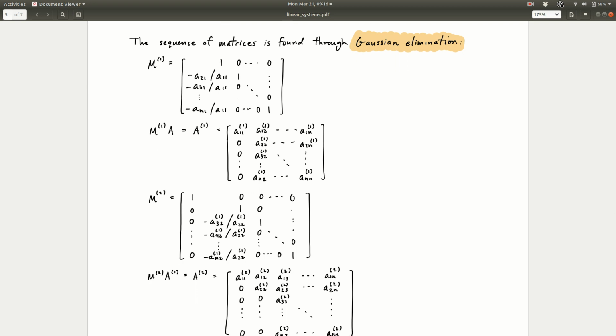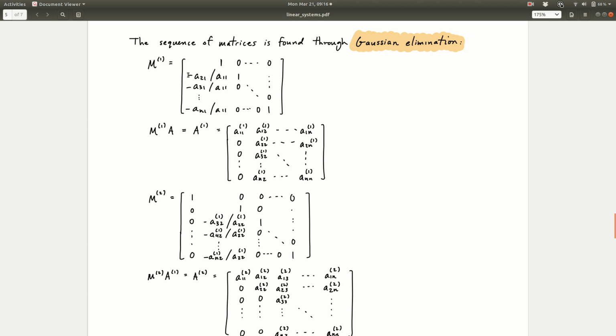So here's how the sequence works. The first matrix, M1, has the following form. It's a diagonal matrix plus some extra stuff here in the first column. And the extra stuff is minus A21 over A11. Remember, this is the 1,1 entry of A, the original matrix.